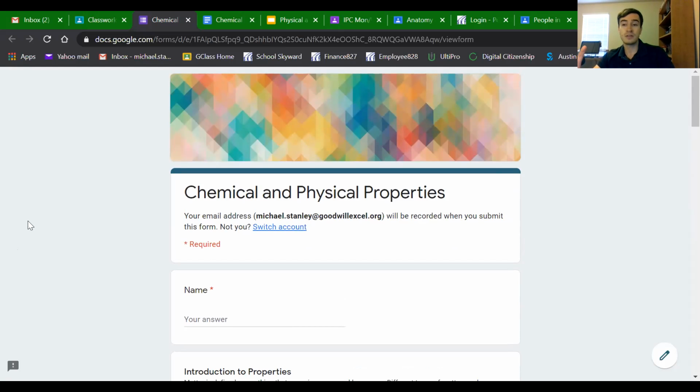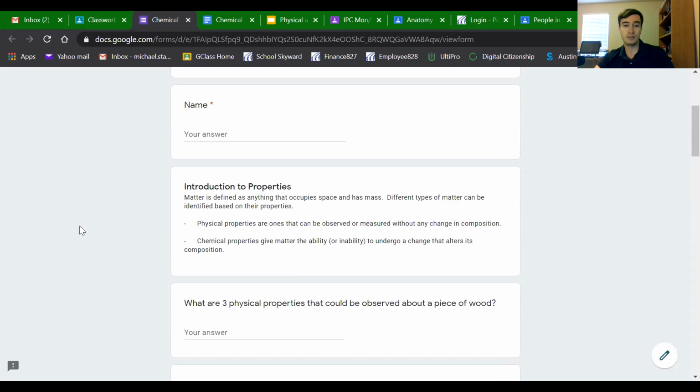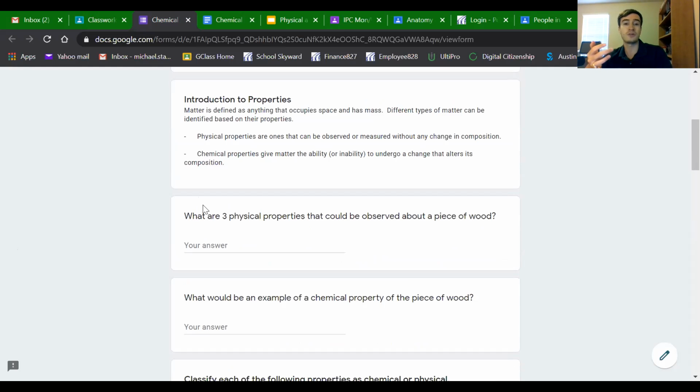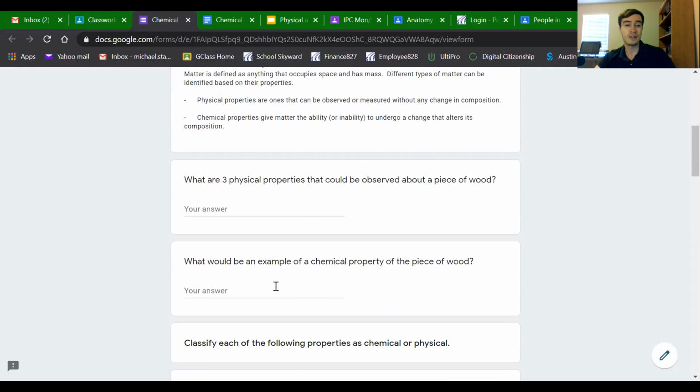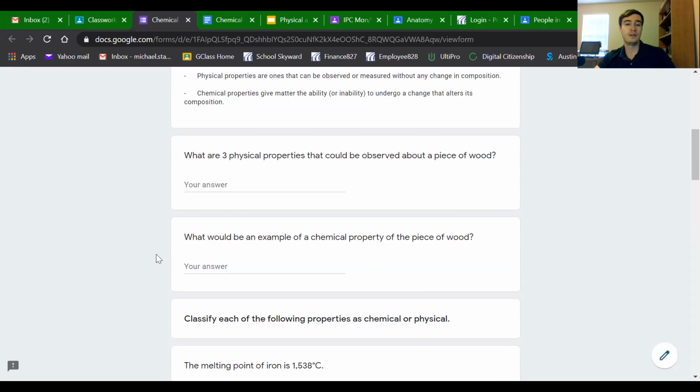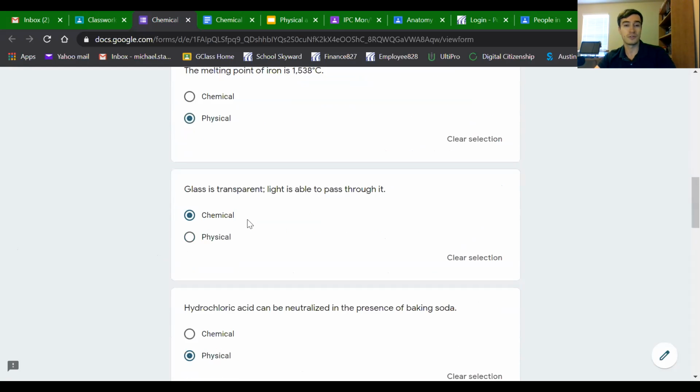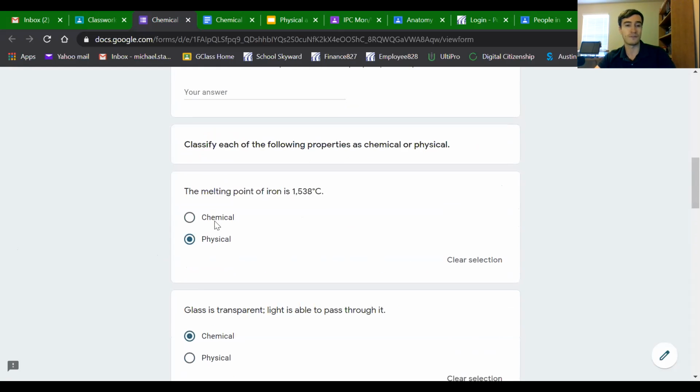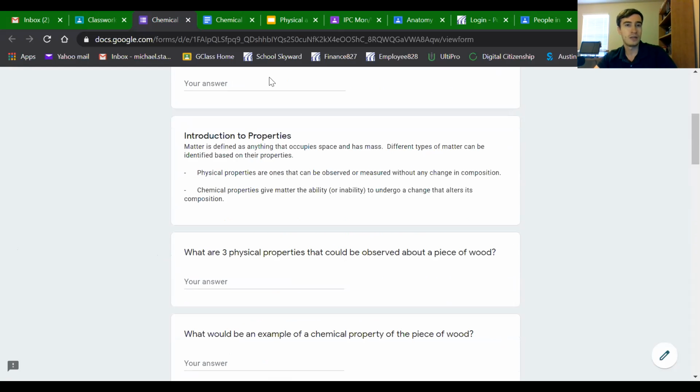So that is the daily assignment for today, making 3 physical properties and 1 chemical property for a piece of wood, and then classifying those 10 descriptions as being either physical or chemical properties.